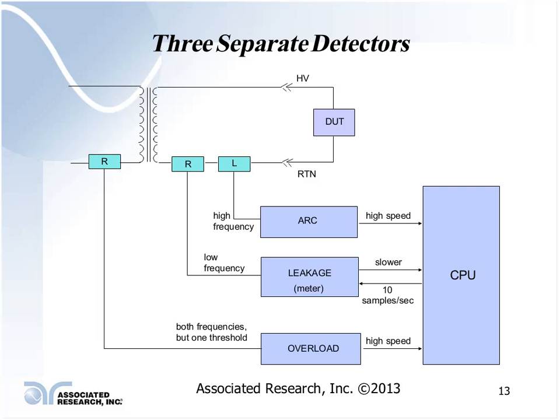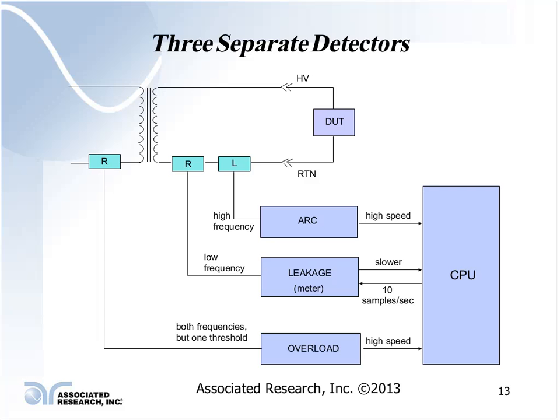The overload detector is also on a high-speed shutdown. It is a high current detector that is set for the maximum capacity of the instrument itself. So if the overload detector goes off, it's usually because you may have a short circuit or very high initial current flow.